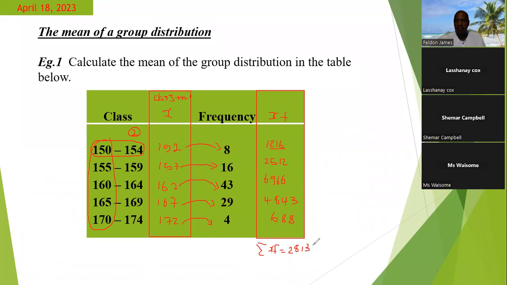Sir, I got 16,225. All right, so she got 16,225. So we have two different values here. We're going to check them shortly. What do you get for the sum of the frequency? 100. So the sum of F is equal to 100.